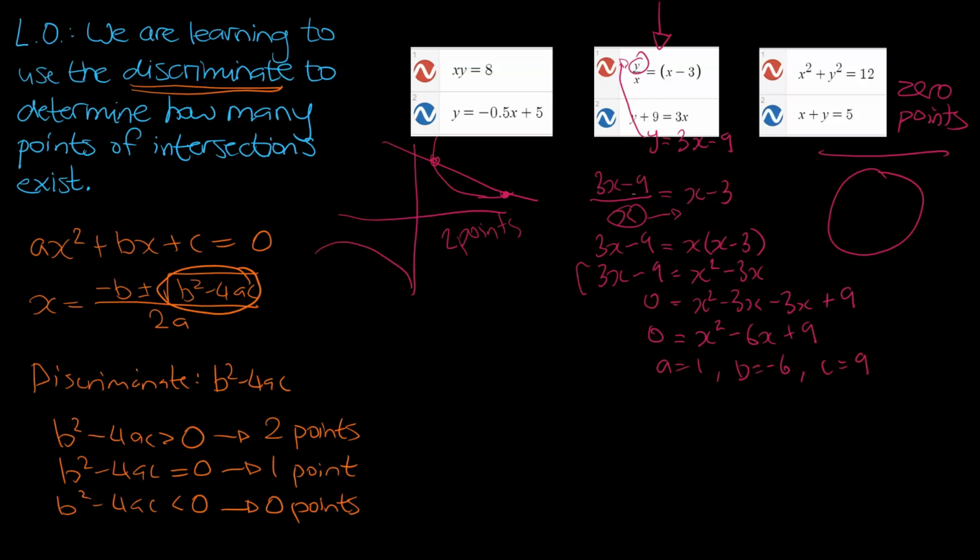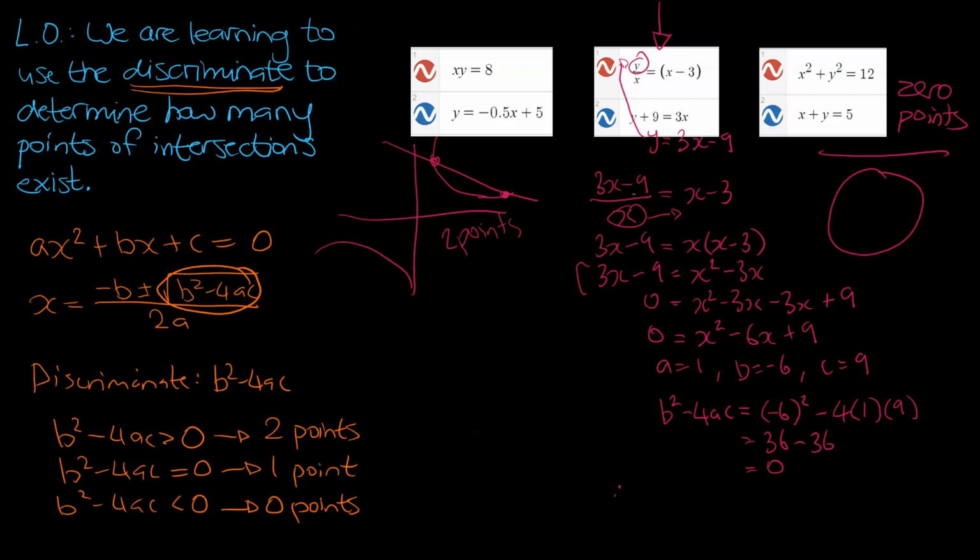And we can use those and plug them into our discriminant formula. So b squared minus 4ac is going to be equal to negative 6 squared minus 4 times 1 times 9. So that's going to be 36 minus 36, which is going to be 0. And that confirms our view. We're expecting 1 point of interception, and our discriminant is equal to 0.